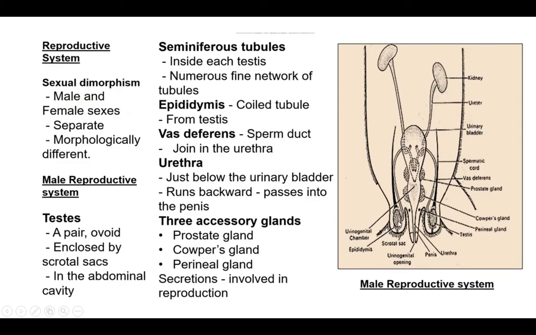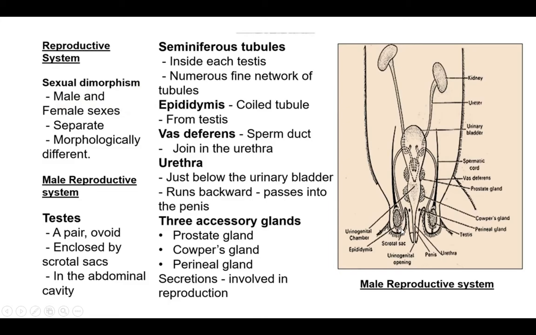And next, seminiferous tubule. So see, this is testis, right? Very close to the testis, you can see the tubules. Inside, the testis is made up of seminiferous tubules. Seminiferous tubules are nothing but a numerous fine network of tubules present inside. And that leads to the epididymis. Can you see? This is epididymis, very close to the testis.